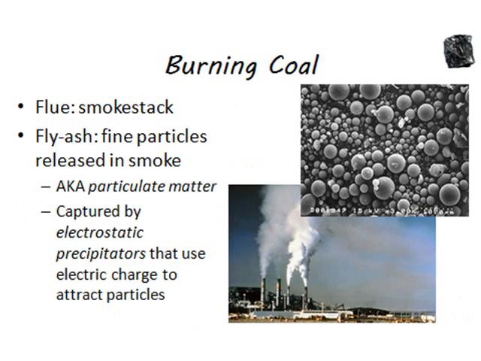Just a couple of terms that are helpful to know when you're talking about burning coal. A flue, F-L-U-E, like I said, is a smokestack. It's a chimney. That's where you're going to see the smoke and gases coming out. What's going to be making up a large part of the smoke that comes out of a power plant is fly ash, which are very small particles, small pieces of dirt, of dust, of ash that are released in the smoke that's coming out.